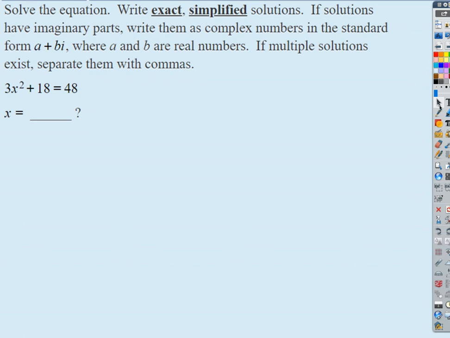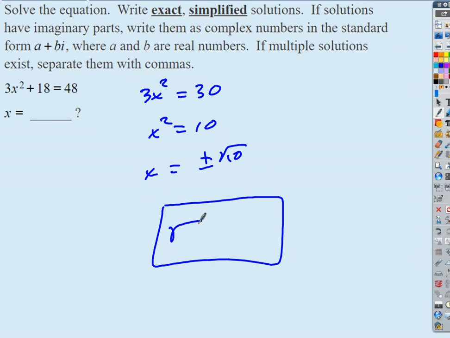Okay, so if we subtract 18, we get 3x squared equals 30. Divide by 3, we get x squared equals 10. So what's that? Plus or minus root 10. And we just want to separate them with a comma. So root 10, comma, negative root 10, right? Okay?